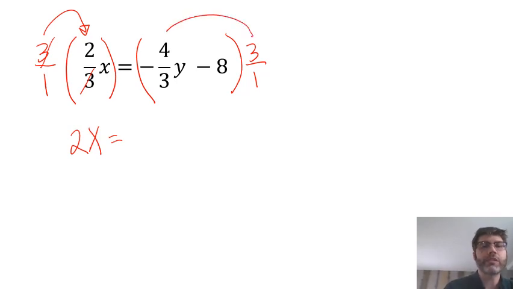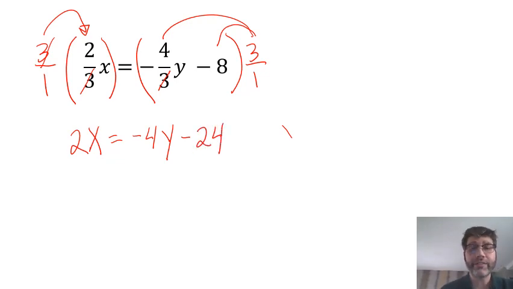Now let's distribute this 3 over everything in here. Negative 4 times 3 is negative 12. Negative 12 divided by 3 is negative 4. So it's basically just like crossing out these 3's. So you're left with negative 4y. And now finally we're distributing this 3 to this negative 8, and that will be negative 24.